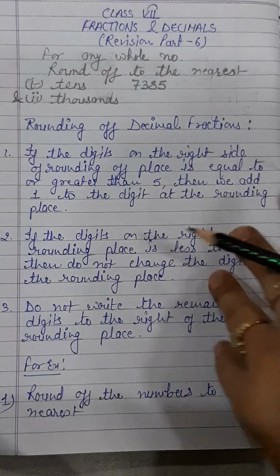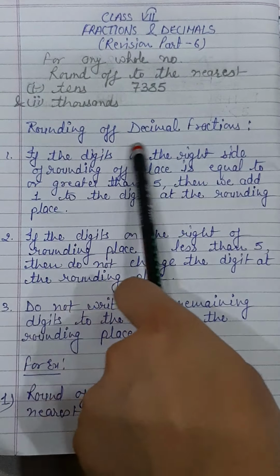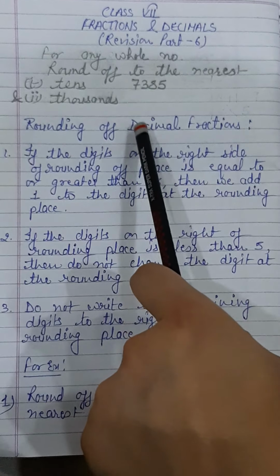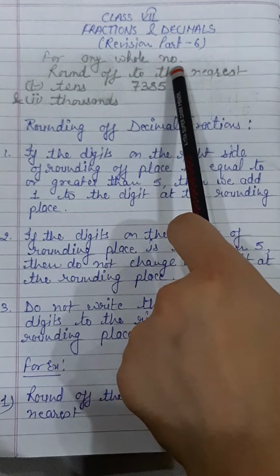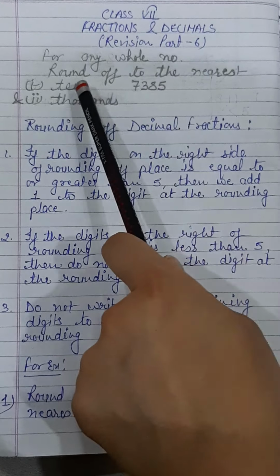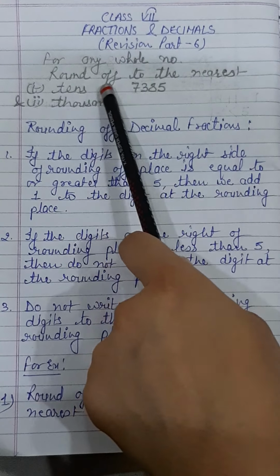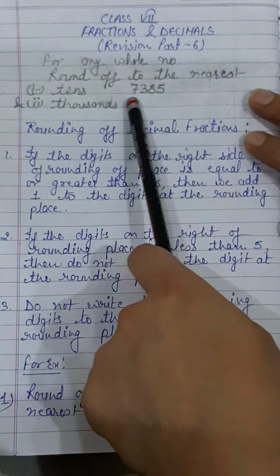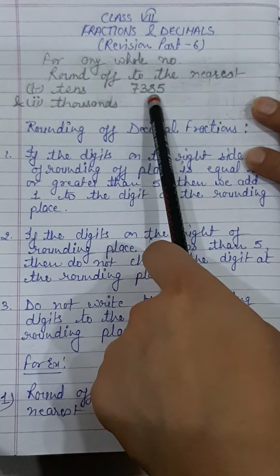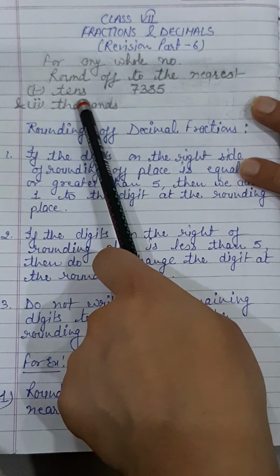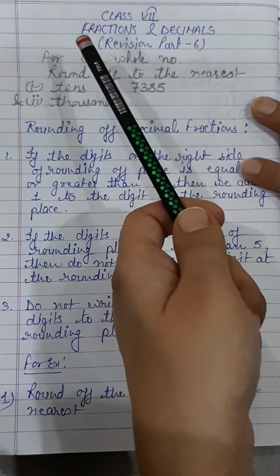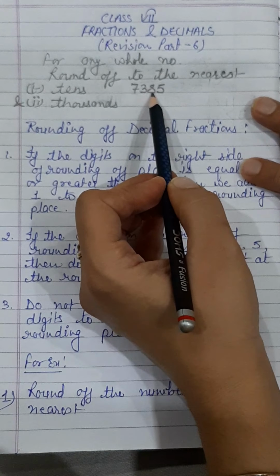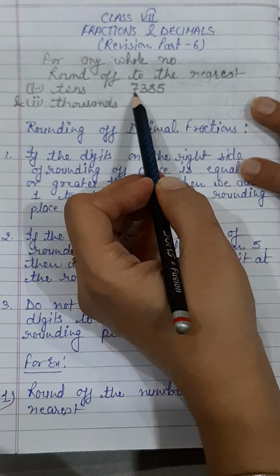So let's do revision of rounding of decimal fractions. Before that, you have studied rounding of whole numbers. For example, if you have to round off 7385 to the nearest tens, how will you do it? Here are ones, tens, hundreds, thousands.